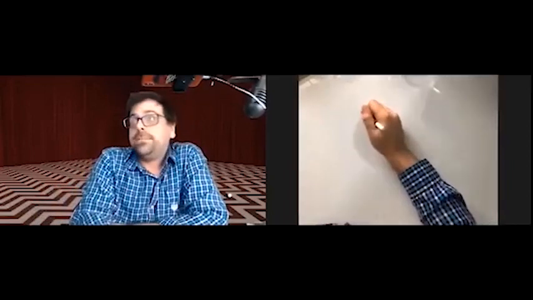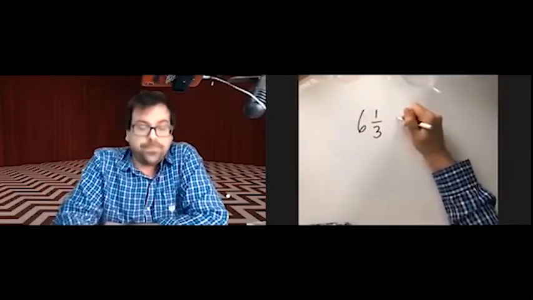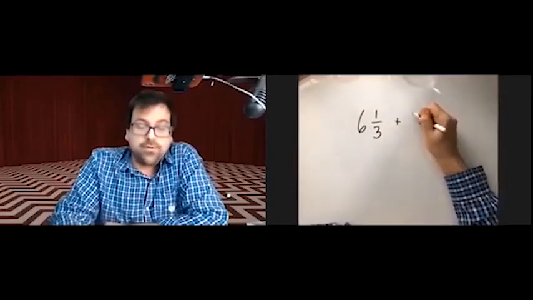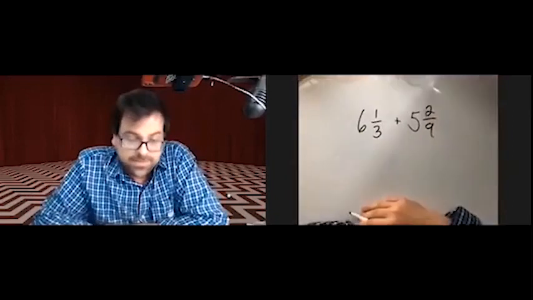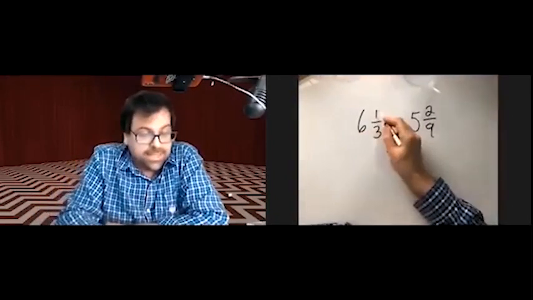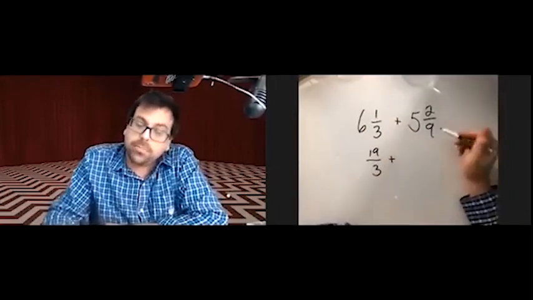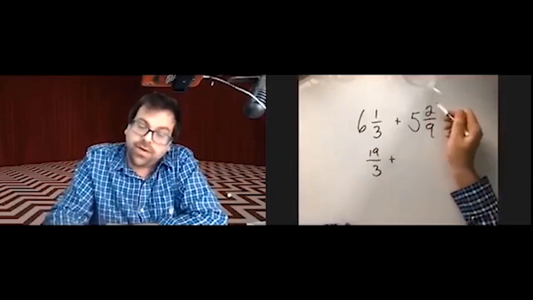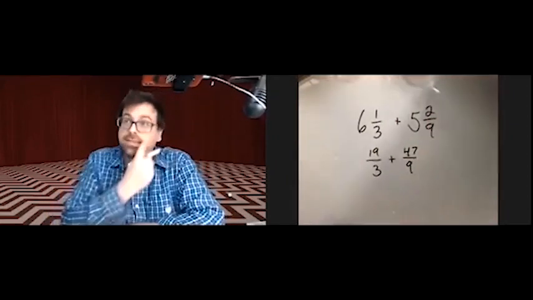For instance, if we had 6 1/3 plus 5 2/9, we can go improper. 18 plus 1 makes 19/3, plus 45 plus 2 makes 47/9.